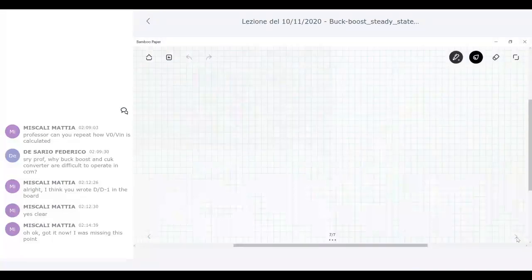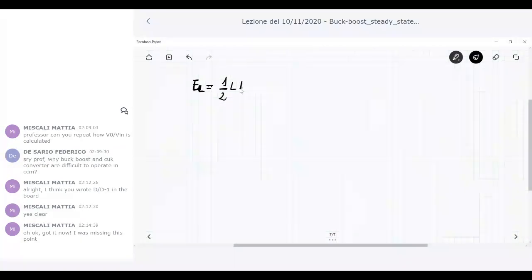So we can say that the energy that is provided to the inductor during T1, during the charging phase, is responsible for increasing the current up to Imax.